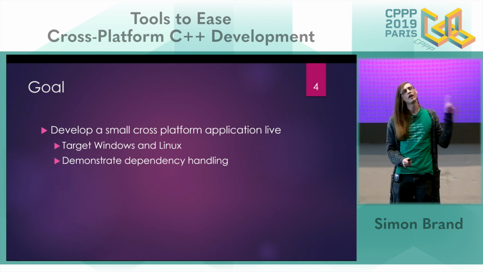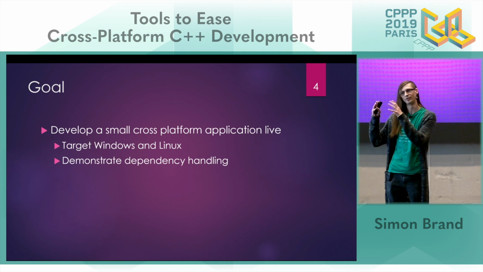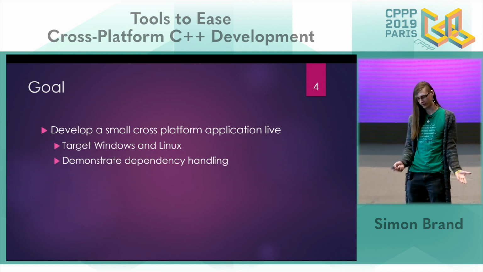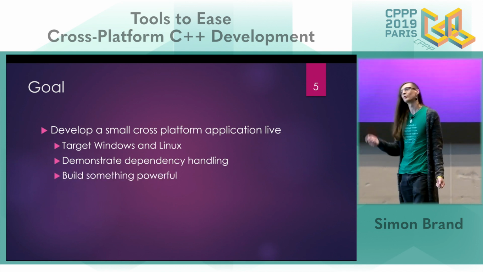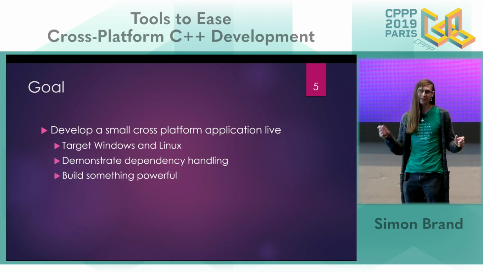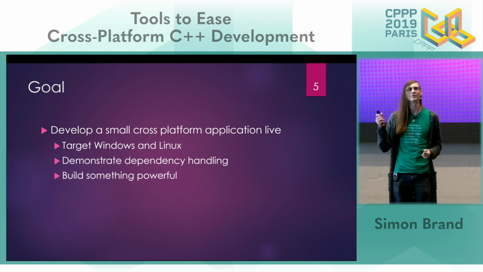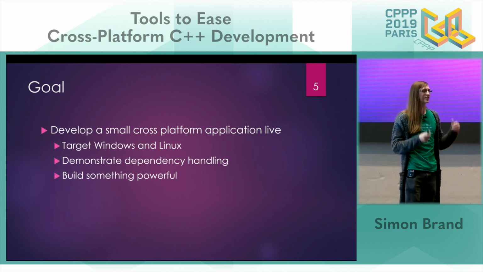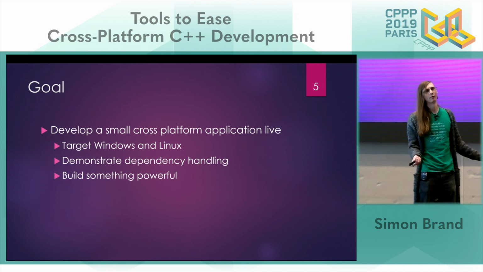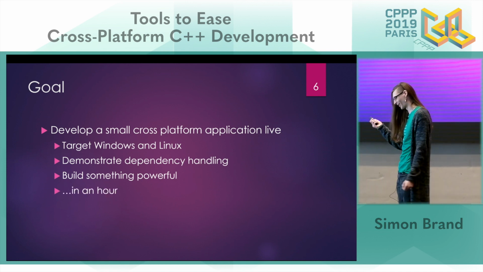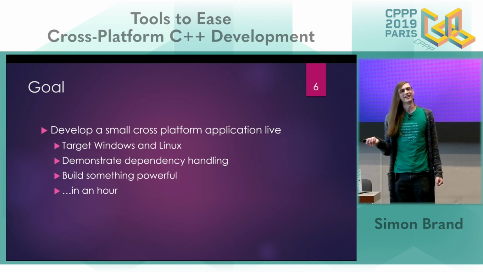So I need at least one library which I need to pull in and link against for my program to work. And I want to build something powerful. It's not going to be just a silly toy Hello World example. I want to build something which makes people say, wow, you can actually achieve this in an hour with these tools. And that is the tough part, is I need to do it all in an hour.